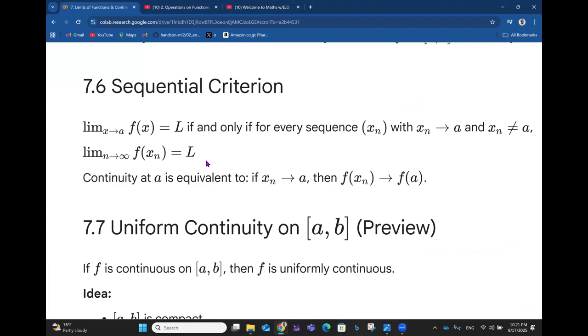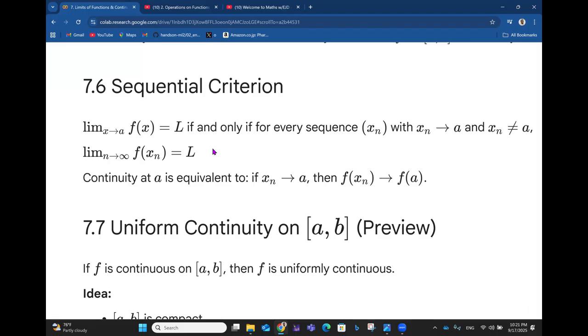So that's the idea. Continuity at a is equivalent to the fact that if xn approaches a, then f of xn approaches f of a. That's the kind of idea we have in this situation. So the sequential criterion is a sequence as a criterion for a function.